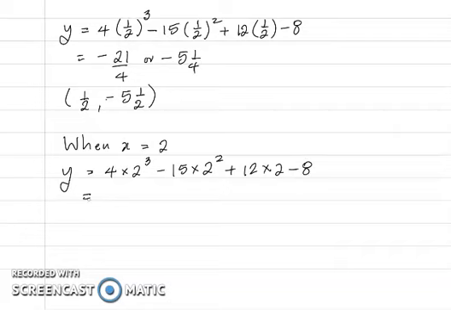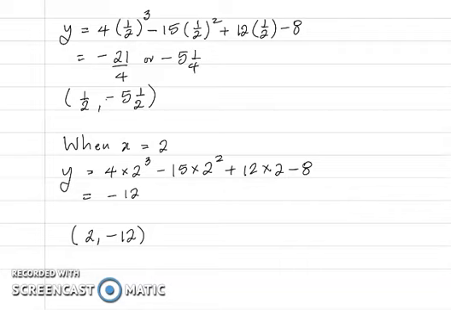And if you put that in a calculator and press equal, you're going to get minus 12. So (2, minus 12) is the next turning point.